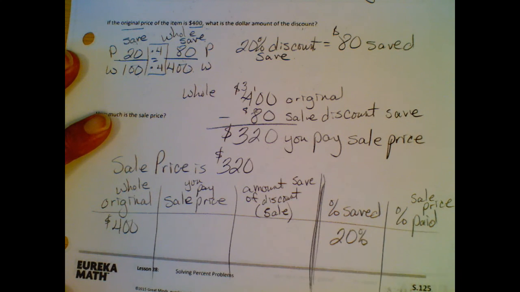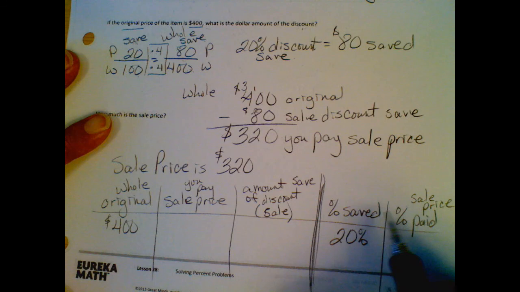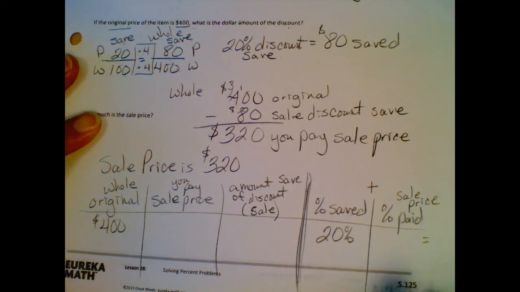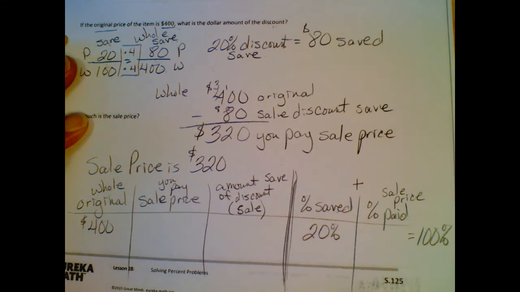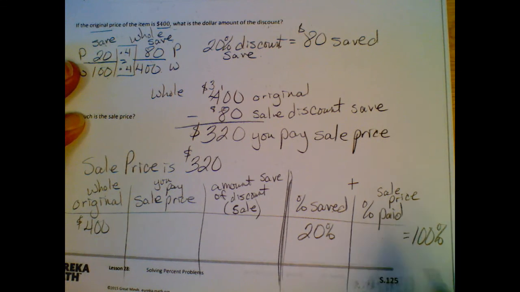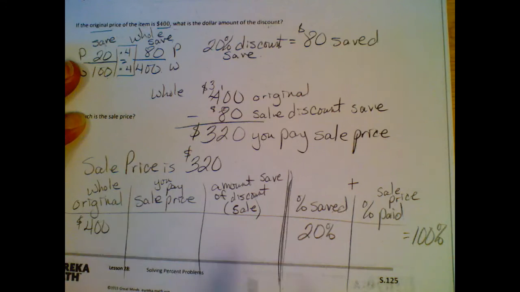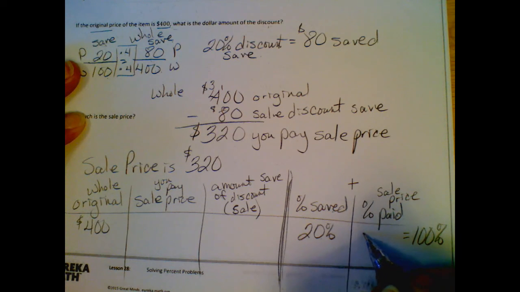Now, percentage always equals 100. So when I add the saved price plus the price paid, it's always going to equal 100% because percentage always means 100. And we figured out here that the 80% was the sale price at the very top.